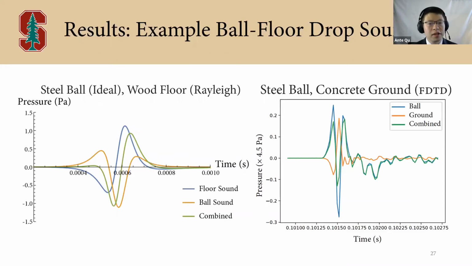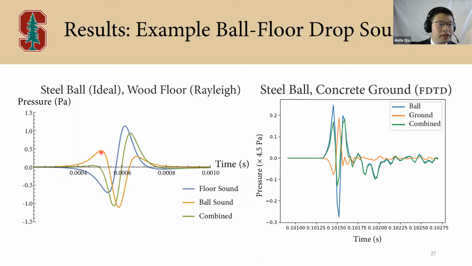So here's one scenario where we drop a ball from a fixed height onto a floor. Here are the results. On the left is an example with the ideal steel ball and a wooden floor generated from the Rayleigh integral. We use the same impulse force profile on the ball as on the floor and an overhead listening point.